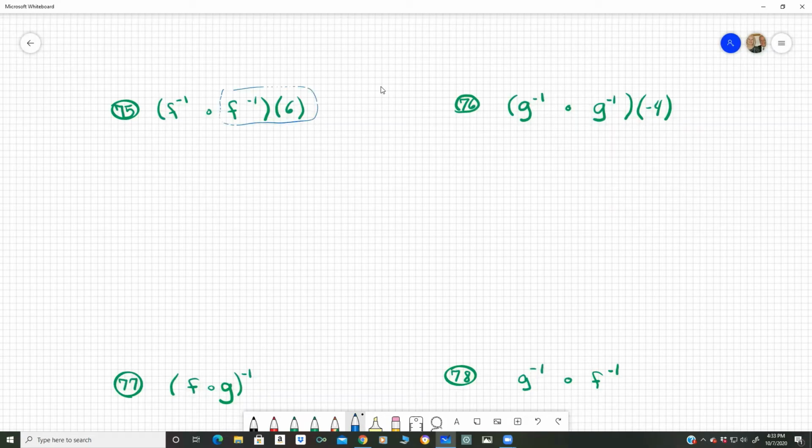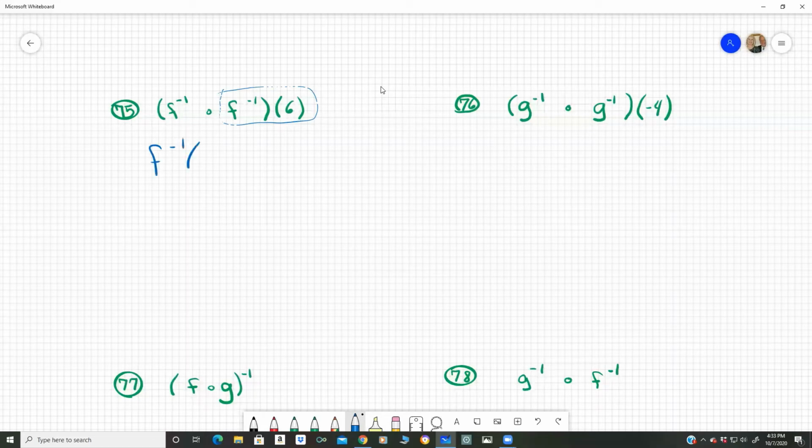So we're going to take the inverse of our f function of 6, and we find the answer is 72.